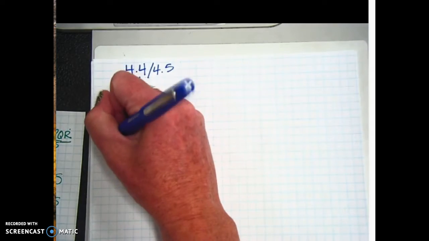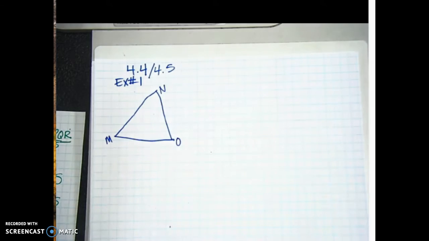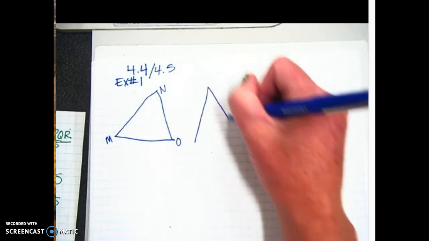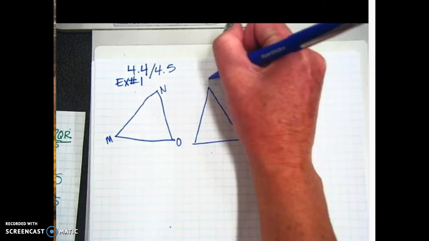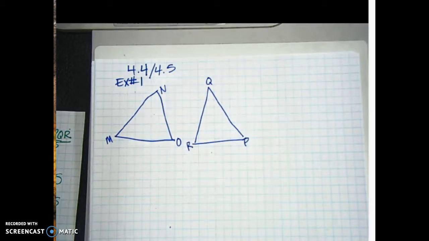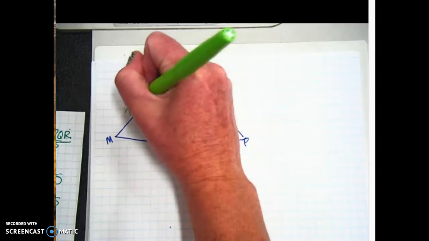First triangle on the left we'll call MNO. Second triangle on the right we're going to call PQR. And then I'm going to give you some information about the 2 triangles. So side MN is going to be 7 inches.